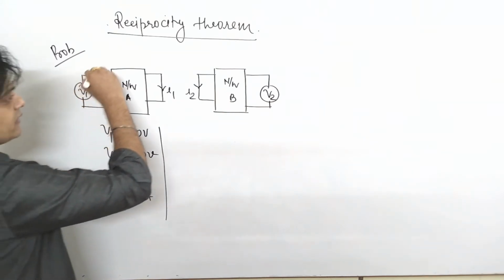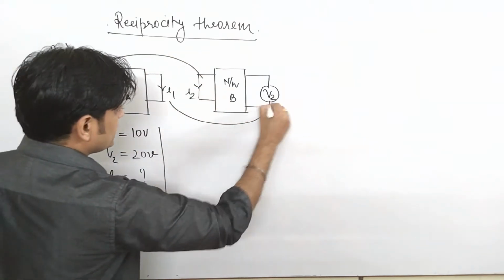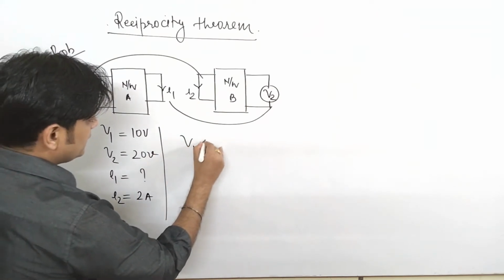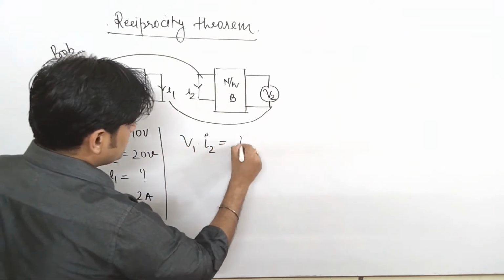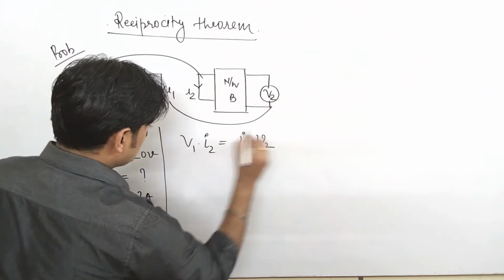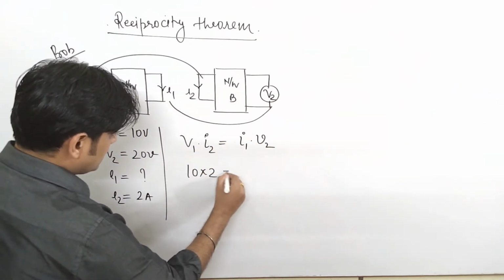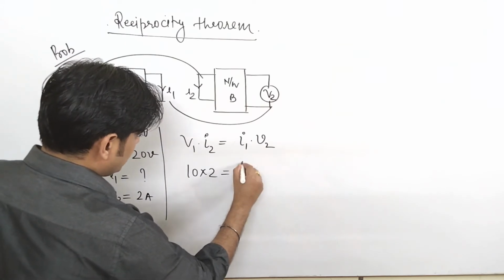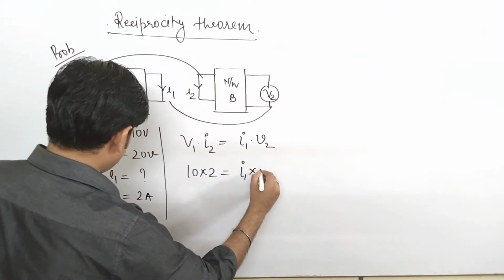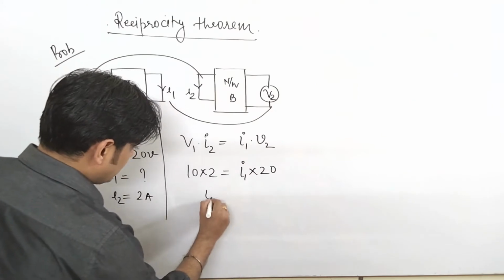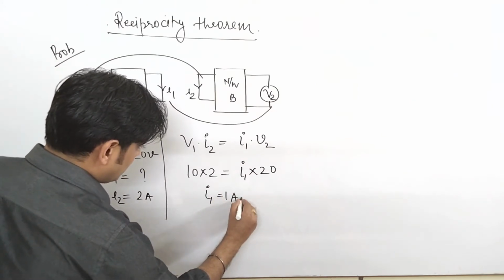So as I said, just by simply multiplying these factors, that is V1 into I2 is equal to I1 into V2. So the value of V1 is 10, into the value of I2, which is 2, is equal to I1, which you have to find, into the value of V2, which is 20. So you can say the value of I1 comes to be 1 ampere.